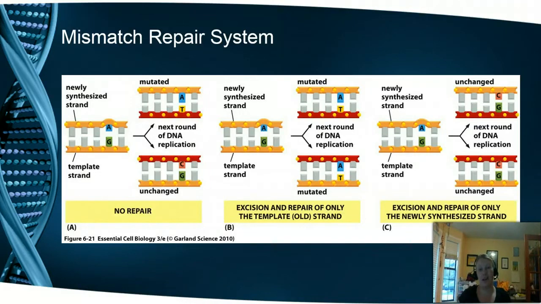Now if we correct the actual one that's broken, we can fix it, and so both of them are unchanged going forward. So you can see how there's a lot of room for error when these issues happen. So we have to make sure we fix them properly. We'll talk a little bit about how that works here in just a little bit. But it's really important that we understand the ramifications and how this can easily be passed on.